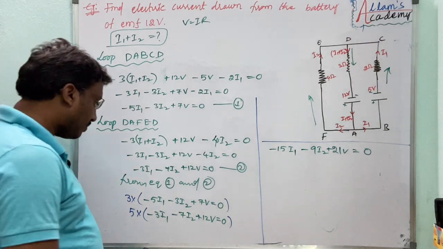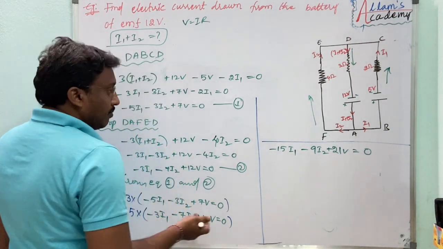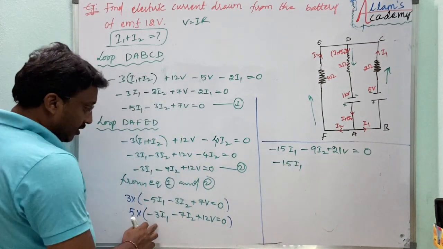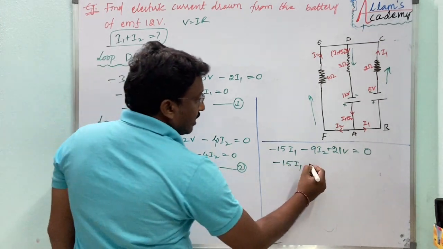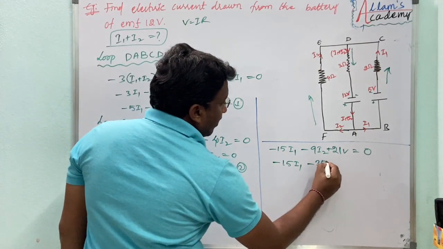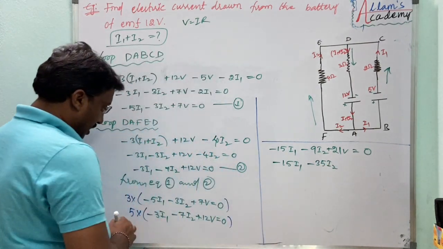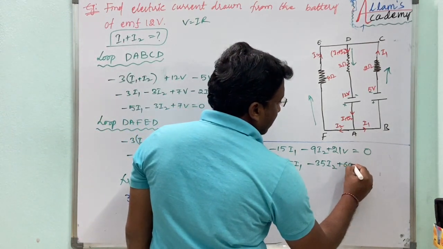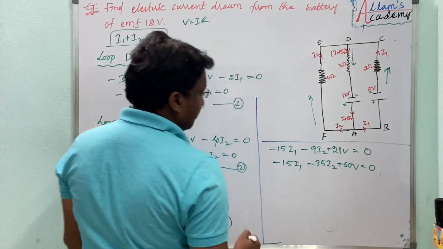Next, minus 15 I1, 5 into 3, minus 5 sevens are 35, so 35 I2, and plus 12 fives are 60, plus 60 V equal to 0.